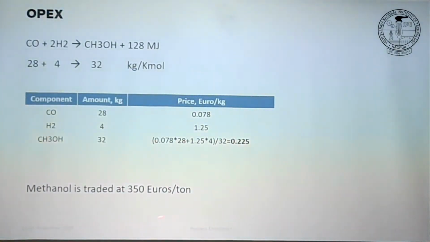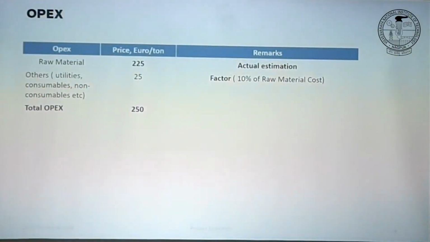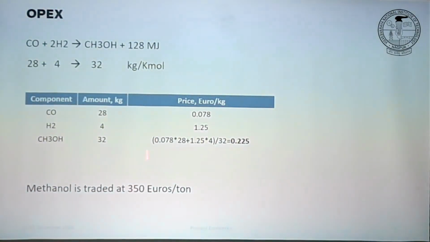So that's the product cost, and you already see based on this stoichiometry, this is your variable operating cost, right? And the difference between 350 and 225 is all the cost for your plant, for your salary, for all your other indirect expenses. So when you are in a very early or conceptual stage, you need to estimate your product cost, and you can come up with a business model or business case, right?